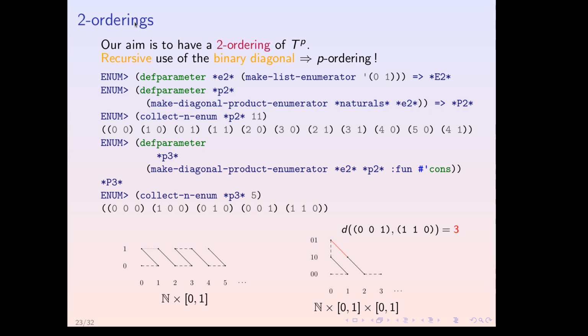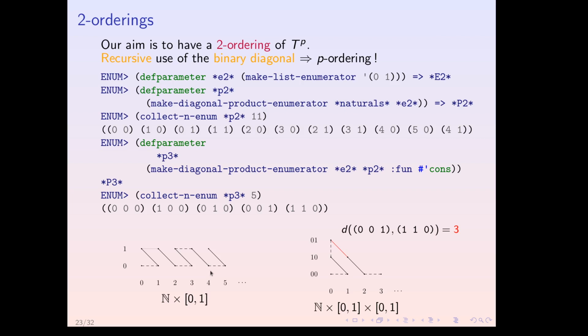So we have the binary product, which is a 2-ordering, but if we use recursively this binary diagonal product, we don't obtain a 2-ordering but a p-ordering. So this is an example of binary product with natural numbers and 0, 1.